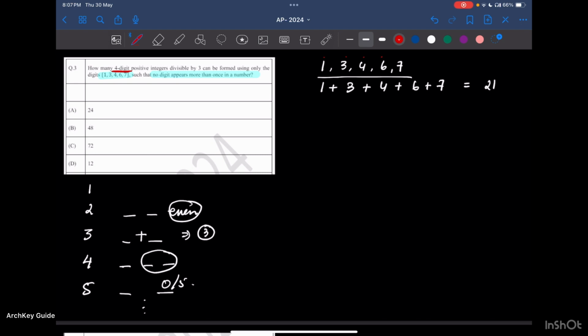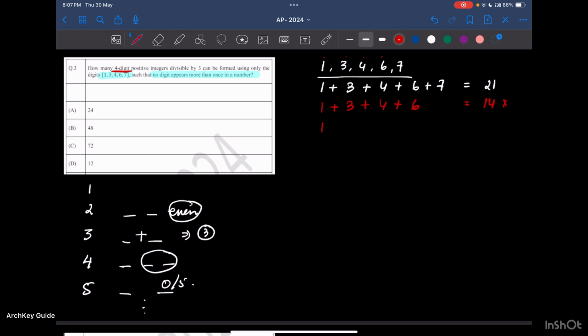If I have 1 plus 3 plus 4 plus 6, what is the sum that I'm getting? 14. Is this divisible by 3? It's not. So this combination won't work.